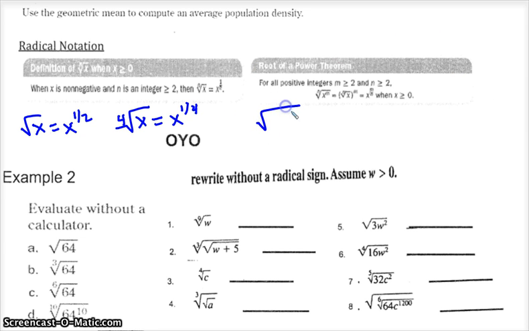What if I have the square root of x to the 3rd power? Well, when thinking about our rational exponents, remember that the exponent stays as the numerator, and then the root is the denominator. So this would be x to the 3/2. We'll use that as we go through the examples.